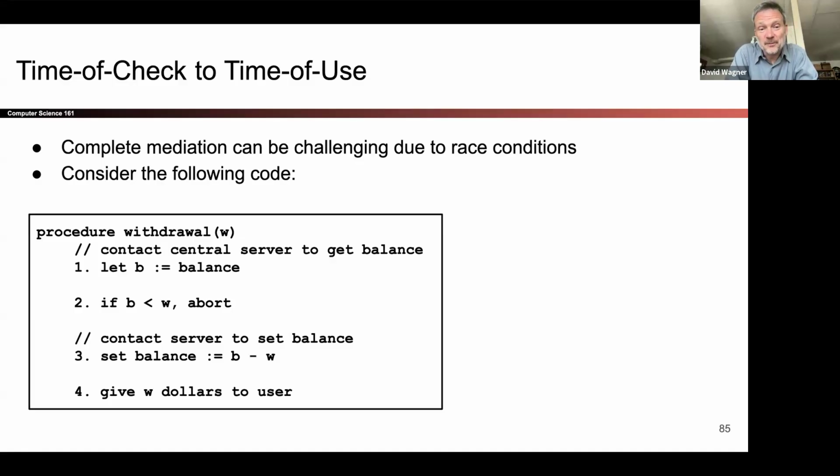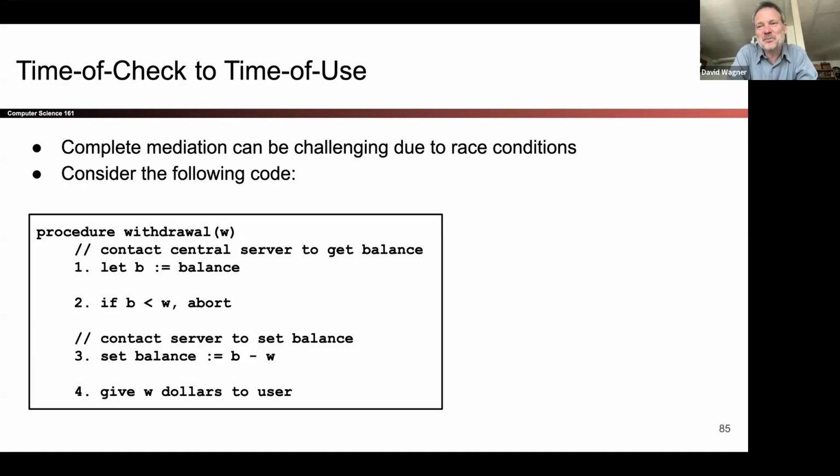Now, what's wrong with this code? This code looks perfectly reasonable and is perfectly secure if there's only one ATM. But what if there's two ATMs and they both can contact the central server? Oh no, bad things can happen.